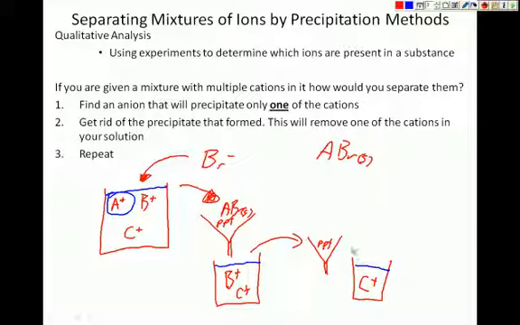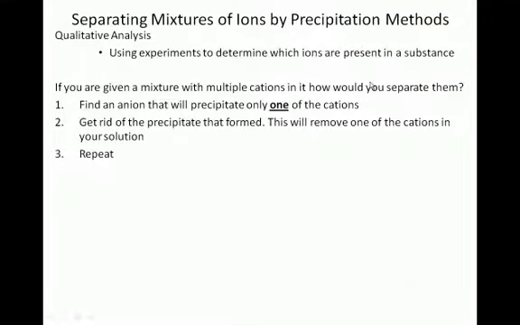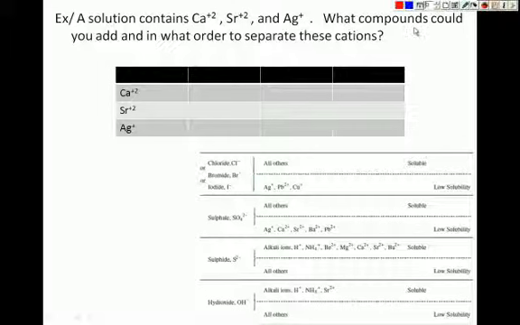Okay, so we just keep repeating this method, and we can individually remove one cation each time, each step we go through. So let's look at more of an example using this method in order to remove certain cations from a solution. Okay, so here's a question we have. We have a solution that contains calcium, Sr 2+, and Ag plus, or silver.